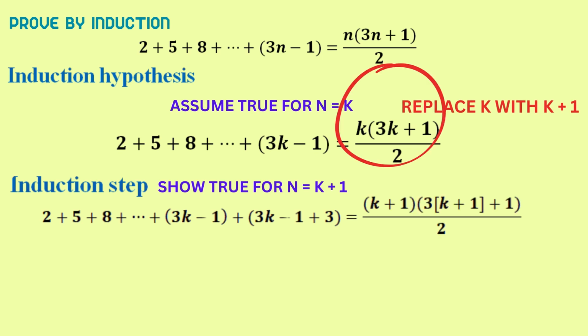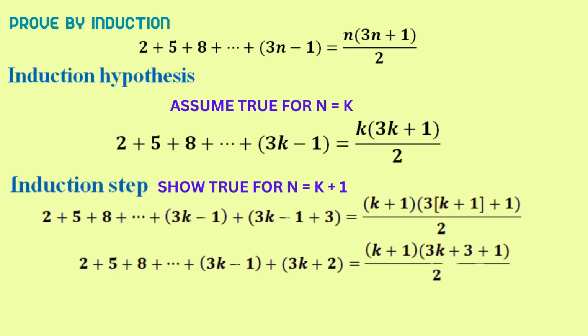So we end up with k plus 1 in the first bracket. In the second bracket, 3 times k is now 3 times k plus 1. We need to multiply both the k and the 1 by 3. So we get 3k plus 3 plus 1 in the second bracket, all over 2.